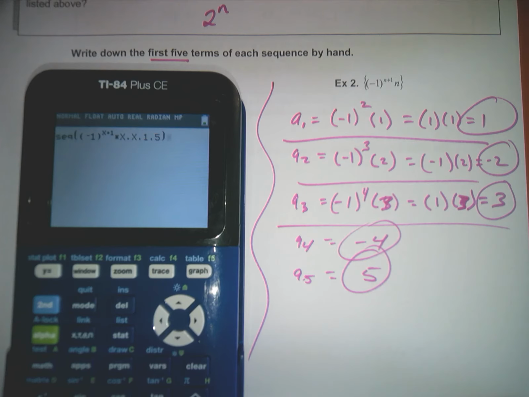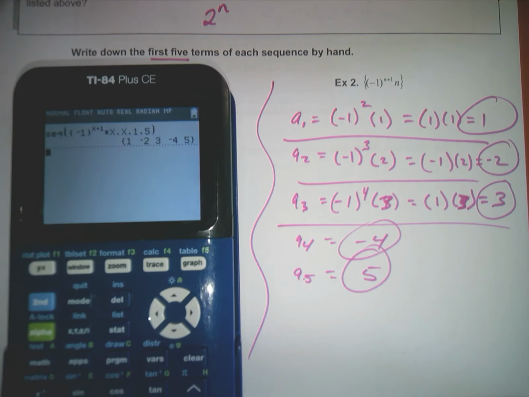Okay. I press enter, it does it all for me. So I got 1, -2, 3, -4, 5. Okay. I could probably do it by hand way faster than using my calculator, but you do have that option. I don't care how you do it, just as long as you do it right.